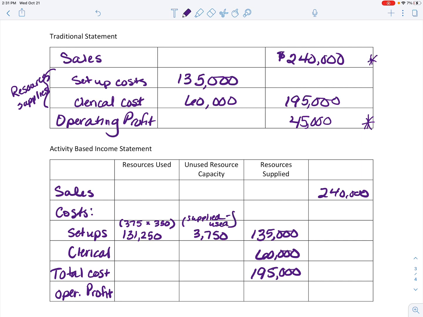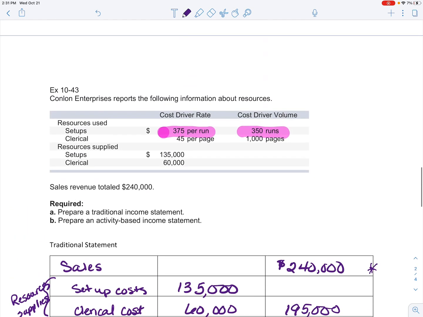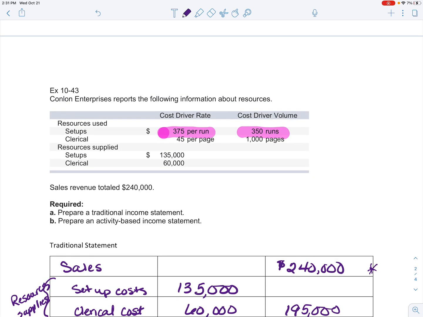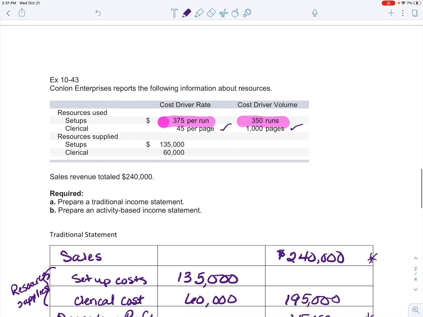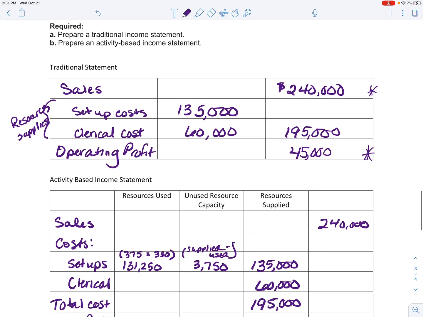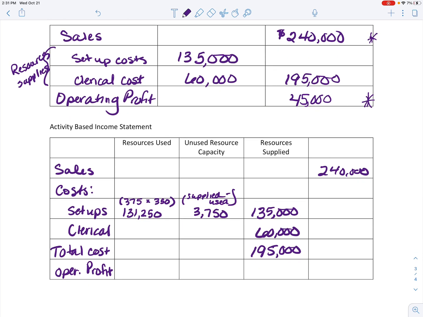I'm going to do the same thing for the clerical. I have to scroll back up. That's based on $45 per page, and 1,000 pages is my volume. So I just take that 45 times 1,000, and I would get $45,000.